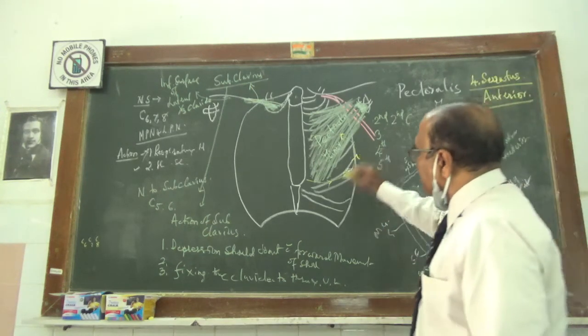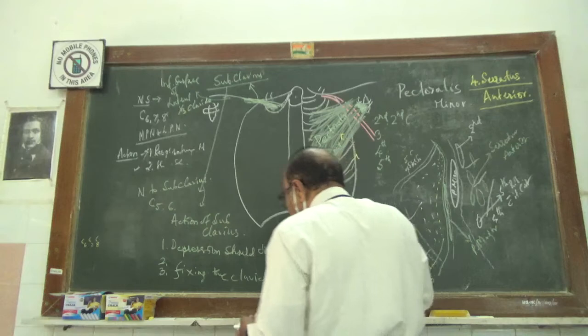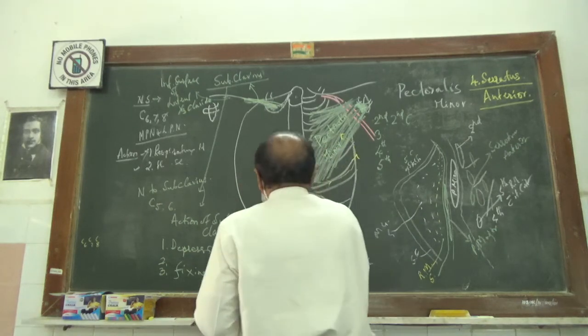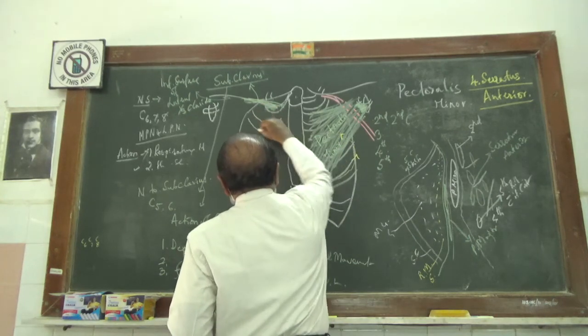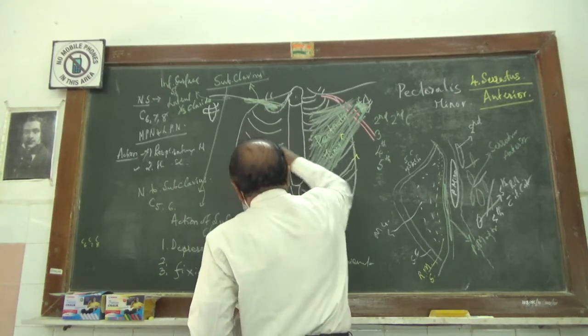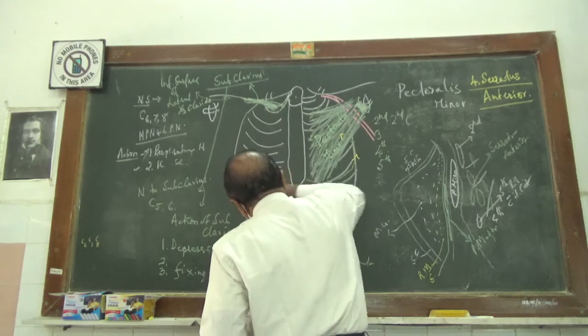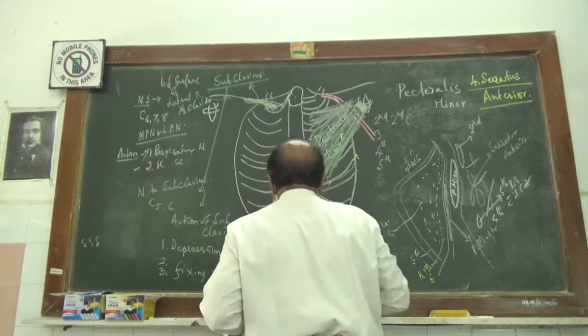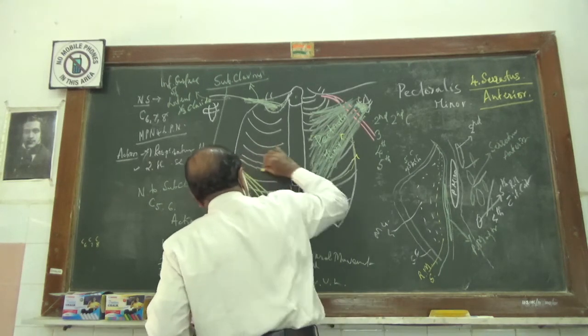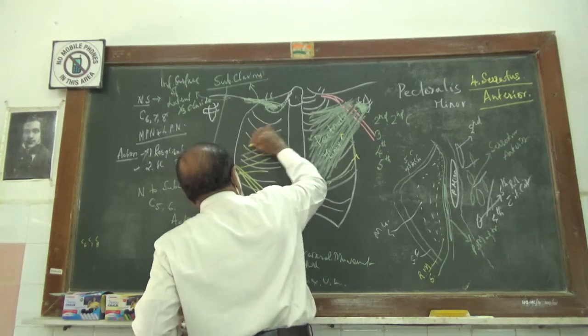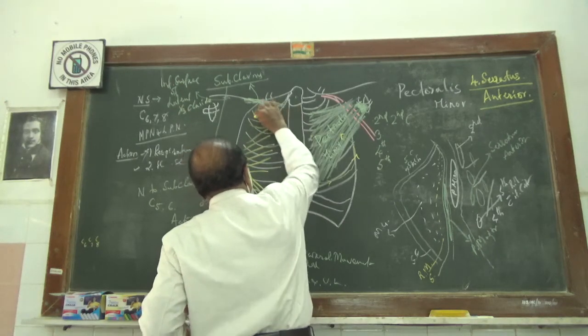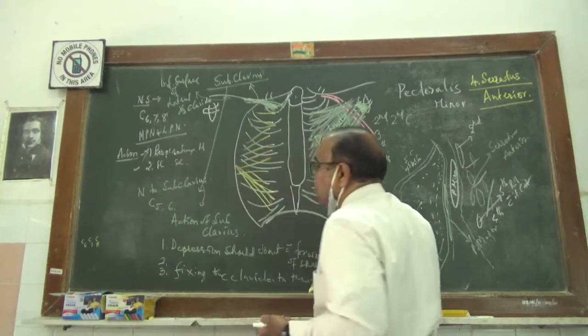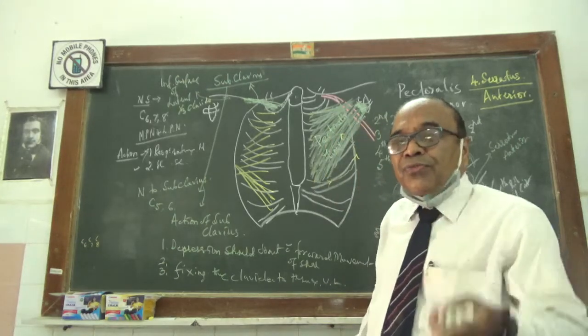From the upper 8 ribs, this serratus anterior muscle takes origin in very many directions, and it will be running in 3 phases.